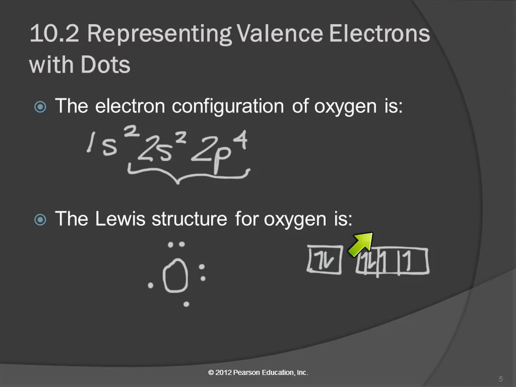So there's 4 different orbitals here in these 2 subshells. And so top and bottom, right and left is 4. Now, whether you put the 2 pairs on top and right or on the bottom and the left, that doesn't matter at all. So it could be like this.